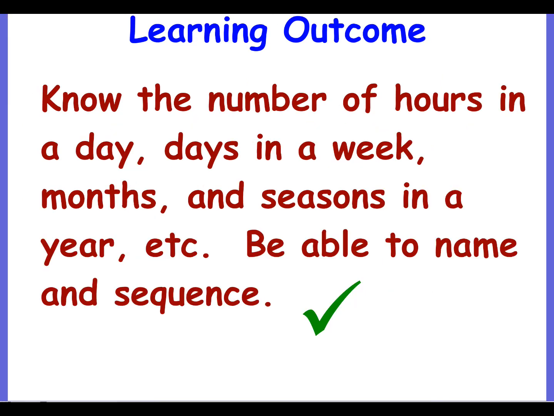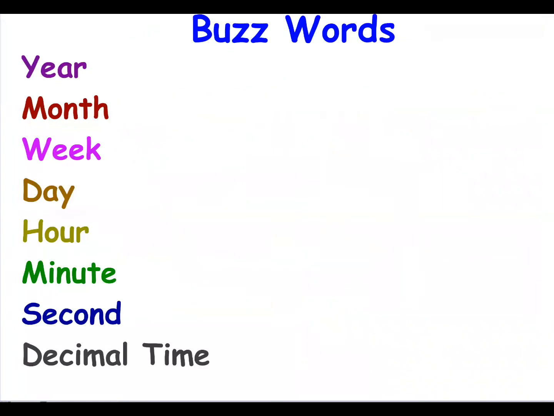So that completes our learning outcome, which is to know the number of hours, days, weeks and months and seasons and so on, and to be able to name and sequence those. On top of that, we've looked down at the lower level hours, minutes and seconds and how to convert between those, and we started talking about decimal time.